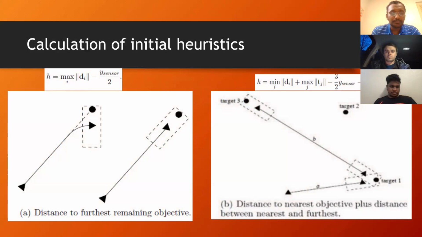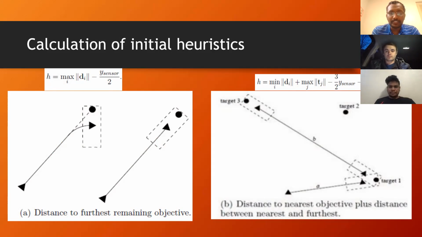This is a simple example to demonstrate and calculate the initial heuristic value. For case 1 to the left, for finding the distance which is farthest from the target, this function h is equal to max modulus di by sensor by 2, like half of the sensor distance. And to the right, this function is similar, but it deducts the distance.